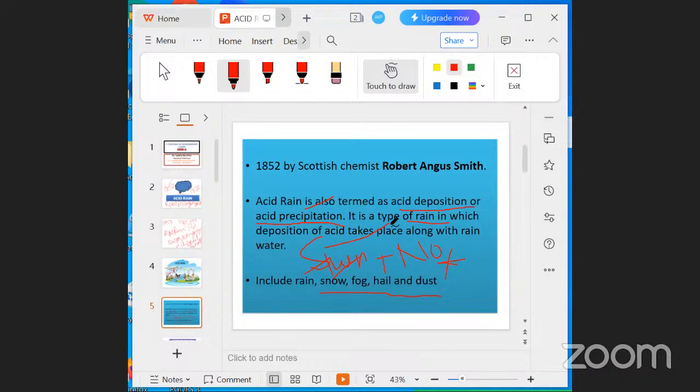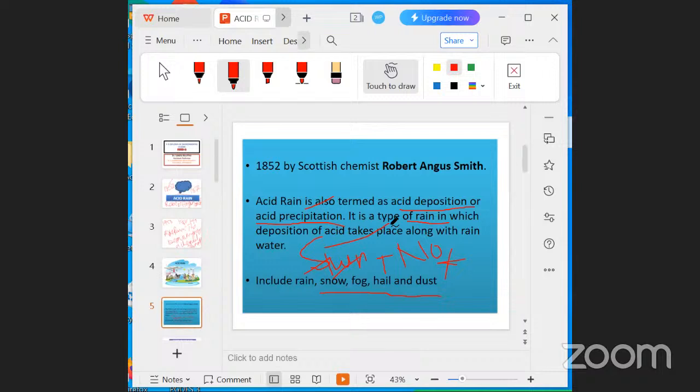So the atmospheric pollutants, oxides of nitrogen and sulfur, react with rainwater and form acids, like nitric acid and sulfuric acid, and it falls with the rain.